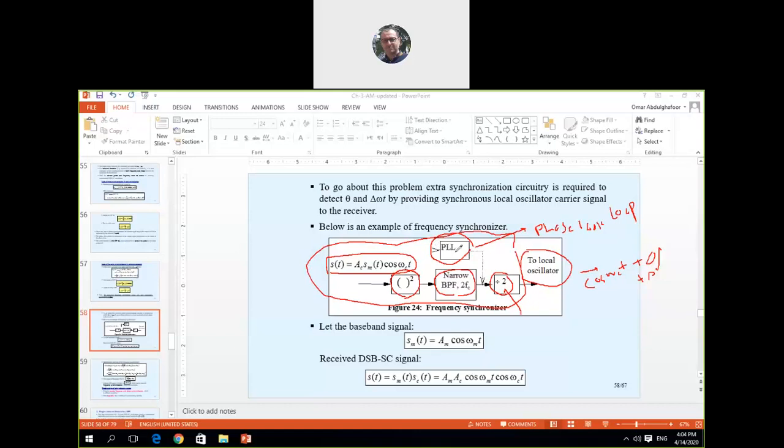The phase locked loop tracks the phase of the input signal and minimizes phase error to the local oscillator.